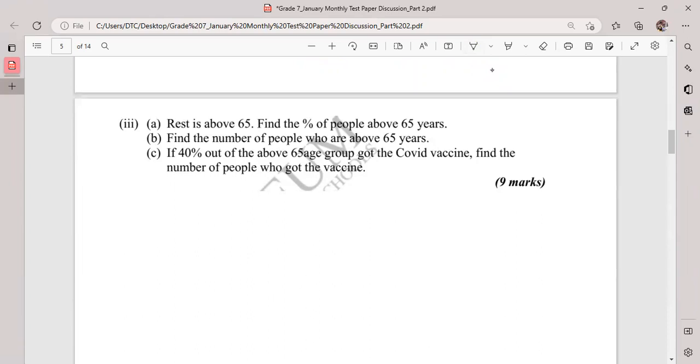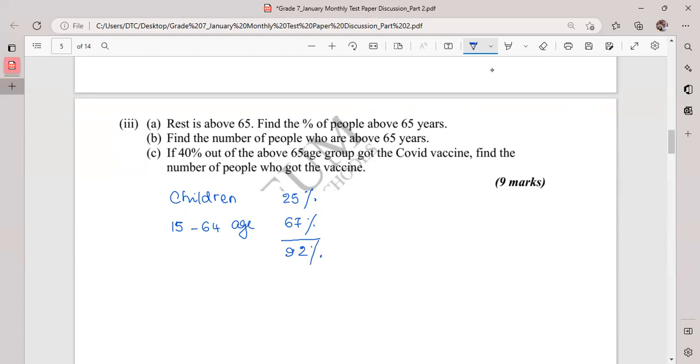So then the third question you have, the rest is above 65. Find the percentage of people above 65. Now you want to understand, children, what's the percentage? Children, it is 25%. And the 15 to 64 age group, what's the percentage? Can you remember? It is 67. When you add them together, what is the answer? 92.